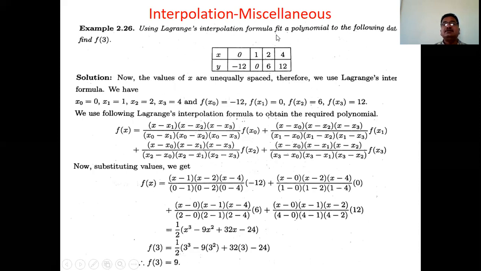So here the question is of this form, that it is not given that we should use Lagrange's interpolation formula. Suppose the question just starts with: fit a polynomial to the following data. In order to fit a polynomial to data, we can use Lagrange's interpolation formula, Newton's forward interpolation formula, or Newton's backward interpolation formula.